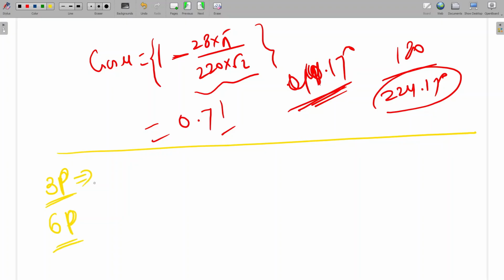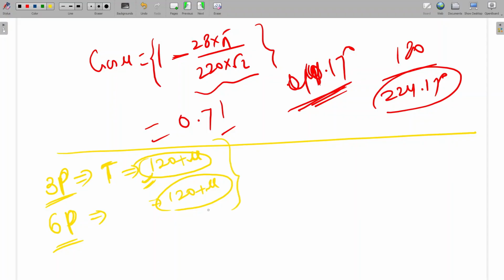If overlapping mu is there, what will be the conduction angle for the thyristor? Here the thyristor will conduct for 120 degree plus mu, and here also it will conduct for 120 degree plus mu. This one I have analyzed. In the next class, if you want, I will explain with waveform also. This one we have to memorize.